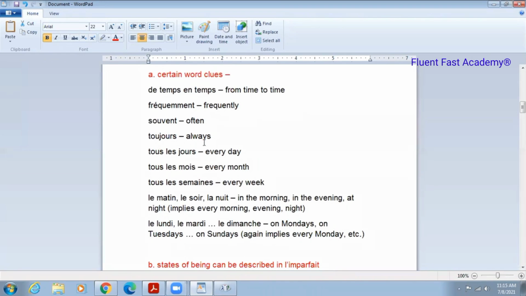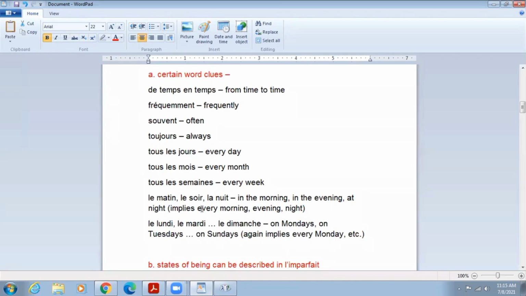Toujours, always. I always used to eat burgers on Sundays. Toujours. Tous les jours, every day. Tous les mois, every month. Toutes les semaines, every week.